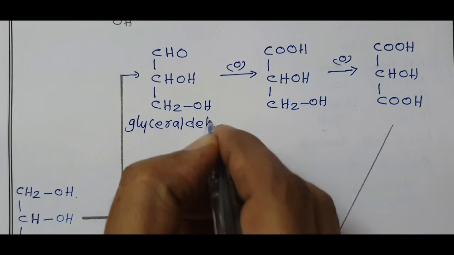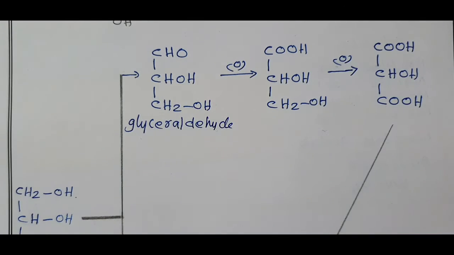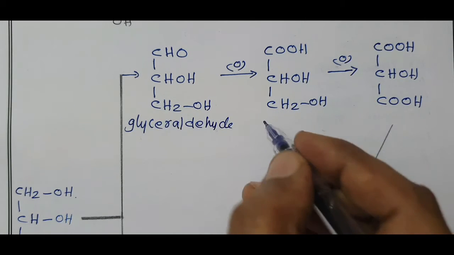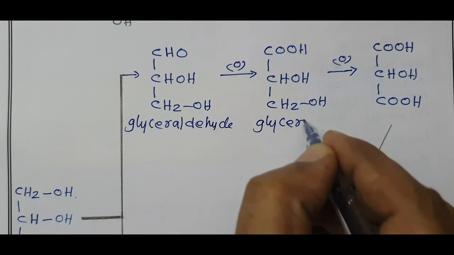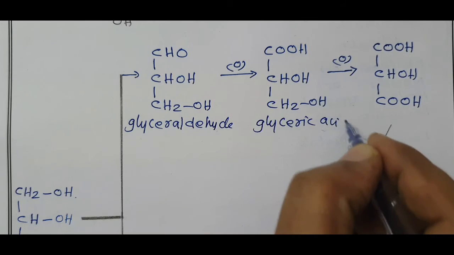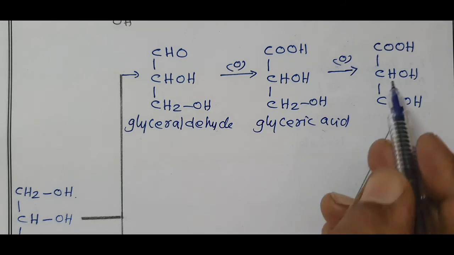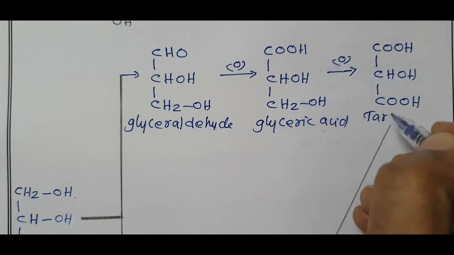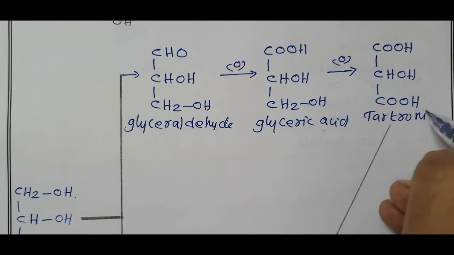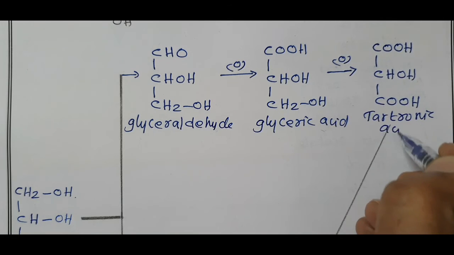I will give the IUPAC name here. The next contains one acid functional group. Therefore, the common name is glyceric acid. Third compound, a new name, not tartaric but tartronic acid. Tartronic acid is a common name.